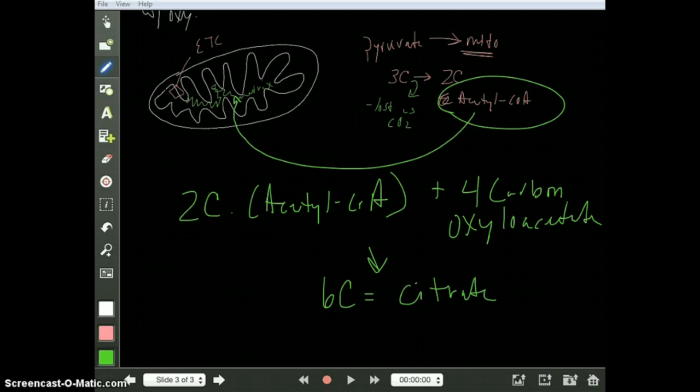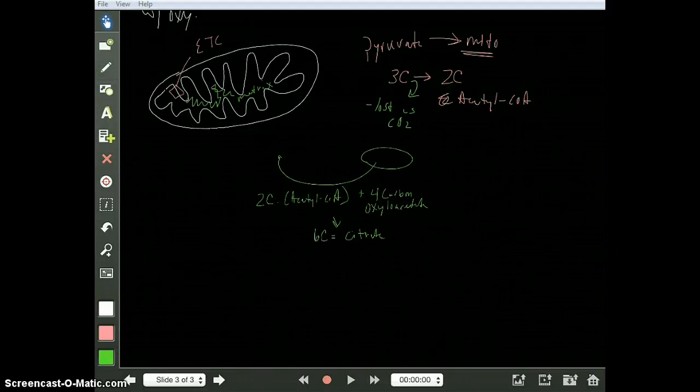As those form together, that 6-carbon structure continues into a circle: 6, 5, 4, and I rearrange my 4 until I get back to the oxaloacetate.